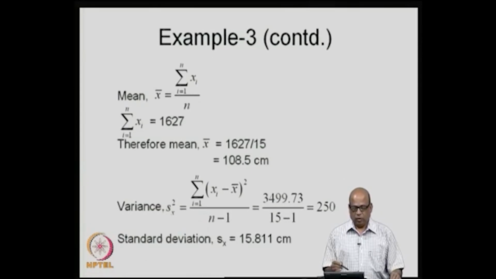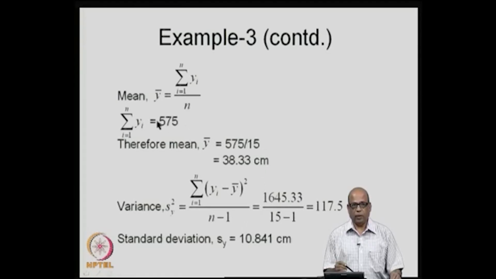So, first we obtain the mean, which turns out to be 1627 is the summation, and the mean of rainfall is 108.5, and similarly the variance S x square comes out to be 250 and the standard deviation comes out to be 15.811.